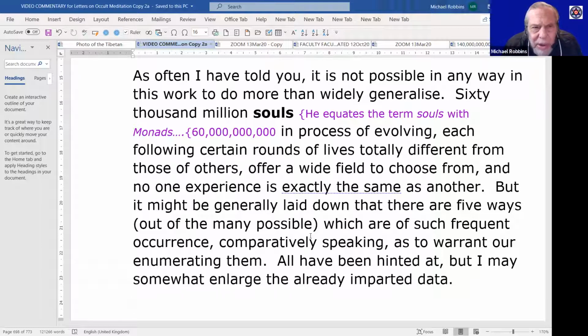I know I've taken a little while on this, but it'd be nice to get straight about what's really happening. 60,000 million souls in process of evolving, each following certain rounds of lives, totally different from those of others, often offering a wide variety to choose from. And no one experience is exactly the same as another.